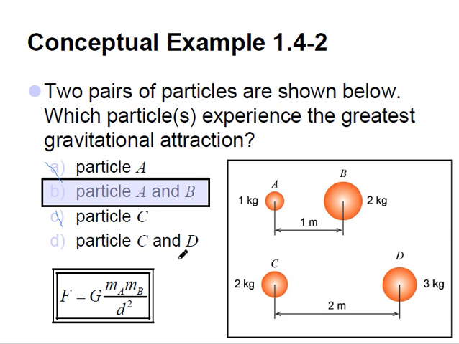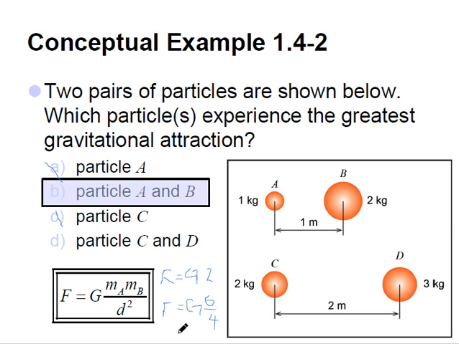So we're going to do our plug-in method. For the first one, you plug in 1, 2, and then 1. If you quickly do the math, 2 times 1 is 2, divided by 1, is going to give you G times 2. The second one, you plug in 2 and 3, which gives you 6, so I'm going to write G here and 6 here, over 2 times 2, which is 4 again, as in the previous example.